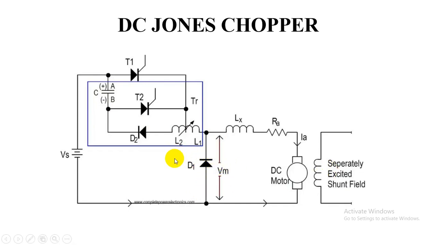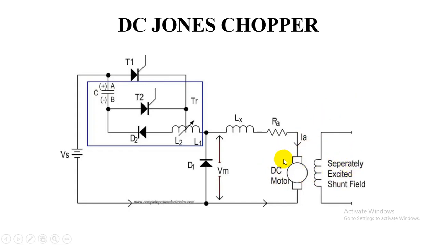This one is a freewheeling diode, which provides the path for the inductor current.